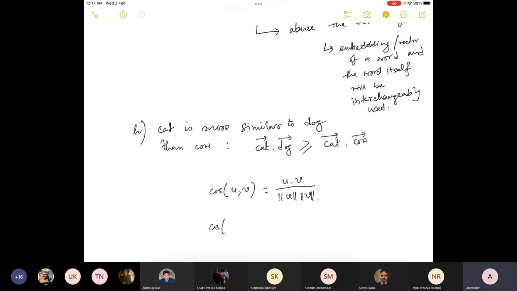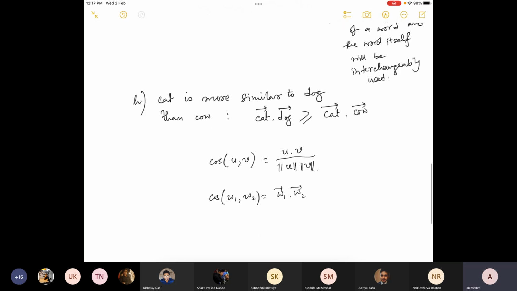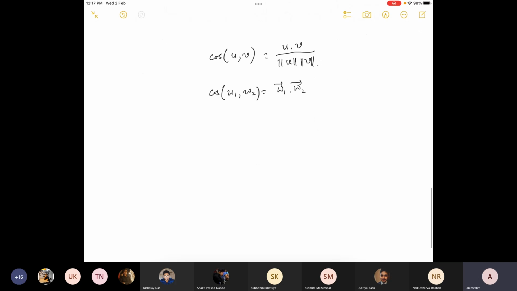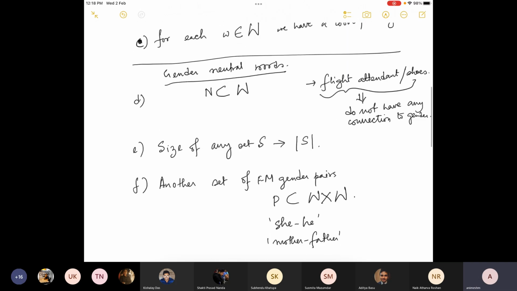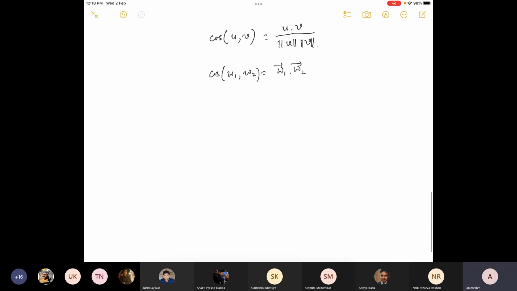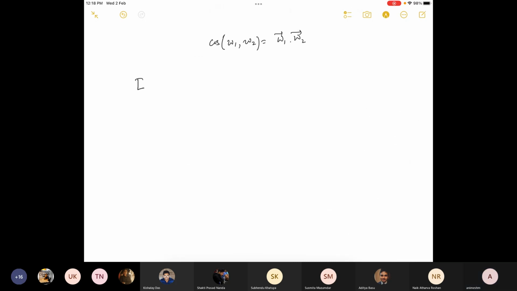So the cosine of w1 and w2 is just w1 dot w2, because each of them are already unit vectors. These were the basic definitions that we need to refer to time and again across this paper.